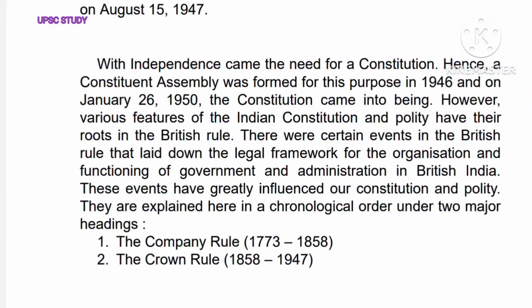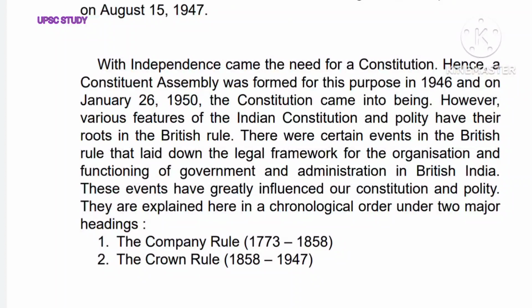Hence, a constituent assembly was formed for this purpose in 1946, and on January 26, 1950, the constitution came into being. However, various features of the Indian constitution and polity have their roots in the British rule.